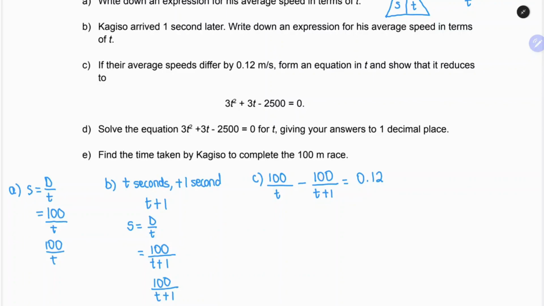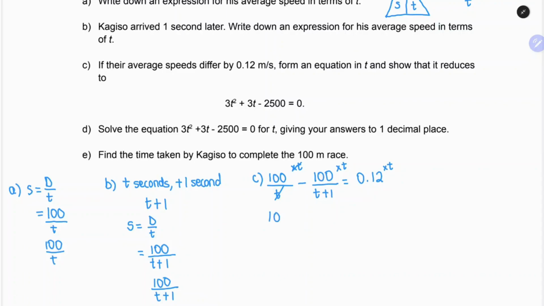What I usually do myself is just multiply by t, because we're making t the subject of the formula. So times t here would cancel out this divided by t. Let me do it in this manner. Times t would cancel divided by t.